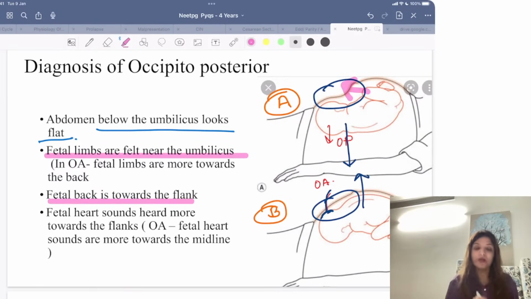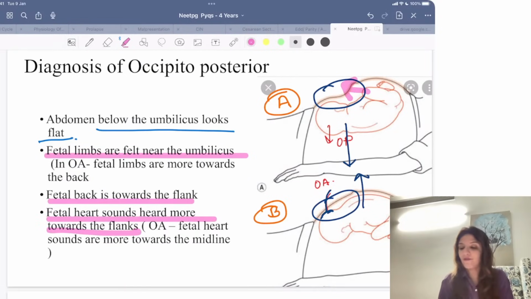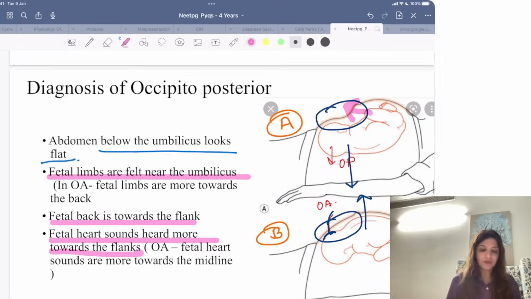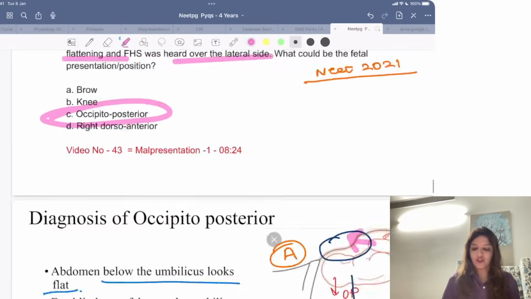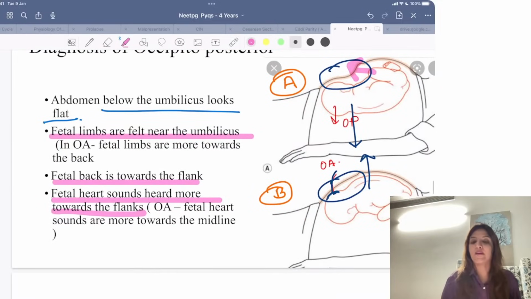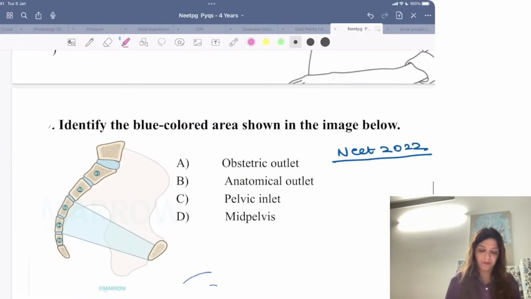Fetal back is towards the flank and that is why fetal heart sounds are heard more towards the flank. Clear to all of you? Yes. So over here this is infraumbilical flattening and fetal heart sounds are heard over the lateral side. So the answer to this question will be occipito-posterior position. This again I have shared with you in the group.